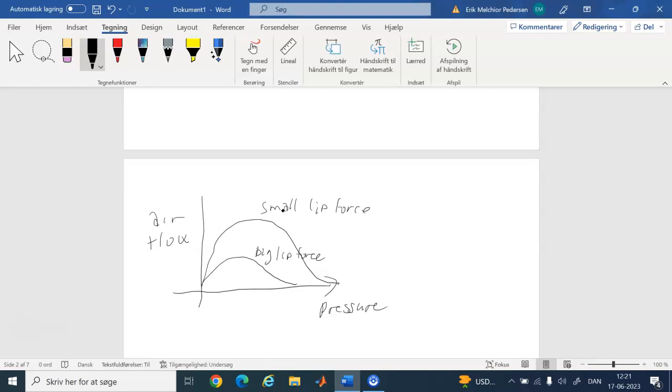So it's almost sinus formed when you use a small lip pressure. If you put a lot of pressure, if you are in this area here, you get some clipping. Here we have time.